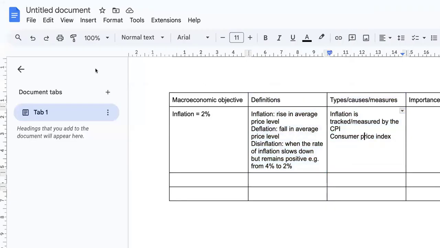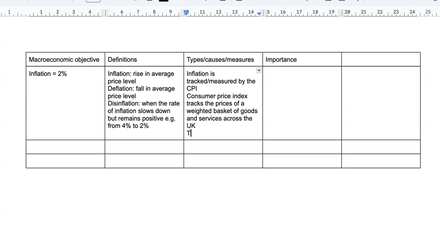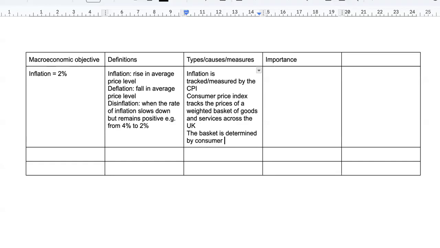The Consumer Price Index measures or tracks the prices of a weighted basket of goods and services across the UK. So the basket is determined by consumer survey.